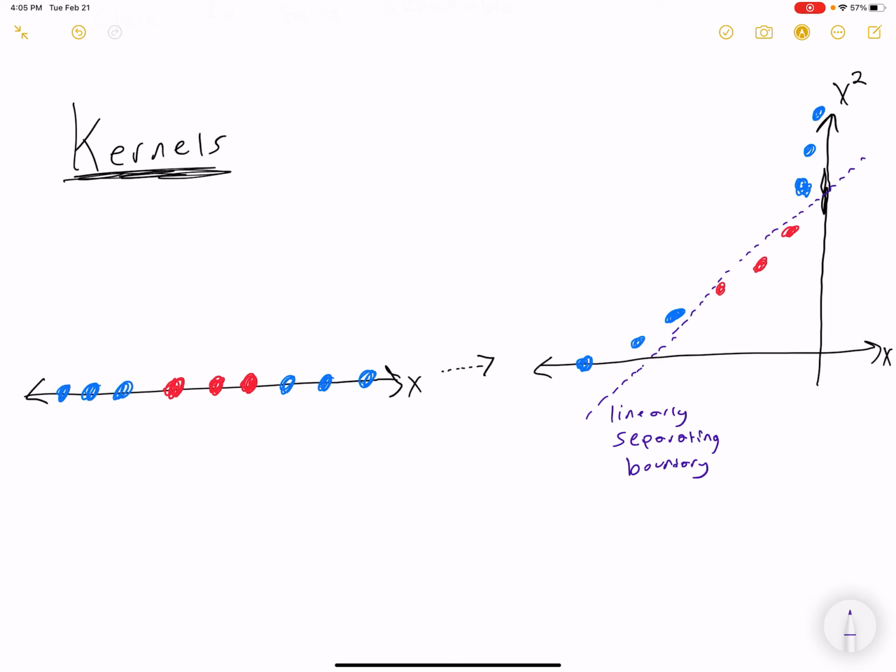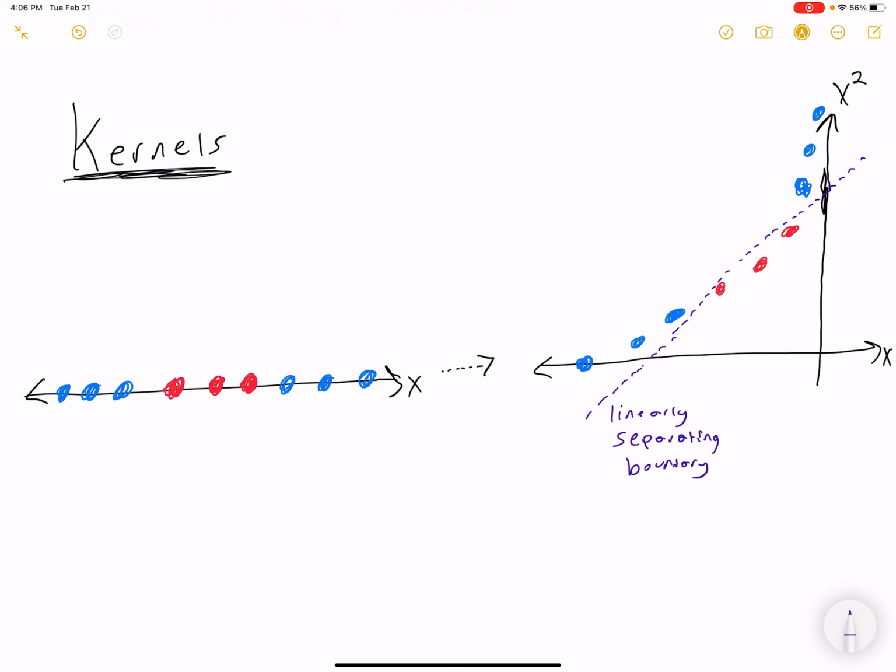So that's the cool thing about kernels: if you have low dimensional data that are not linearly separable, and you project it out into a high dimensional space, it will be linearly separable if you have enough dimensions and the right dimensions.